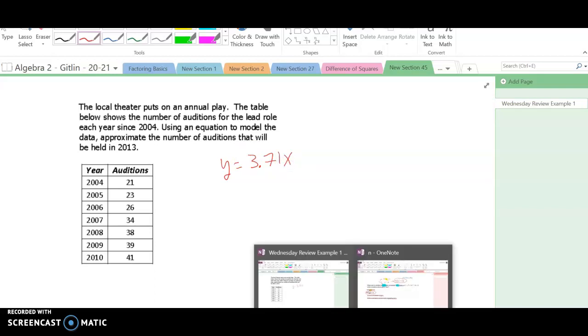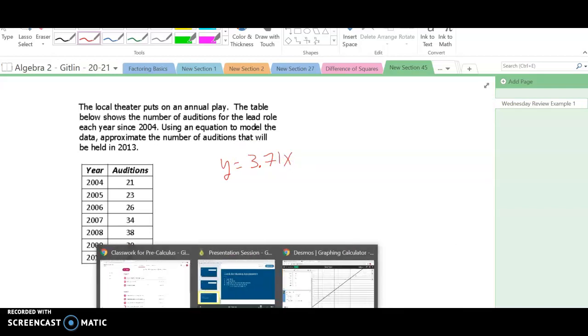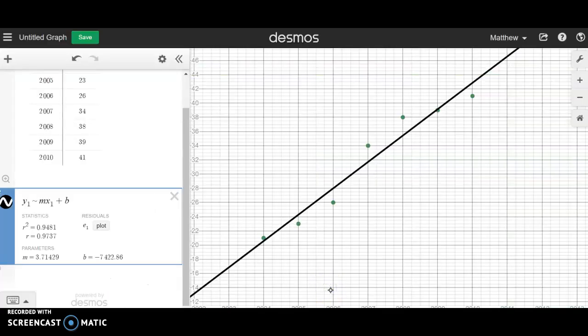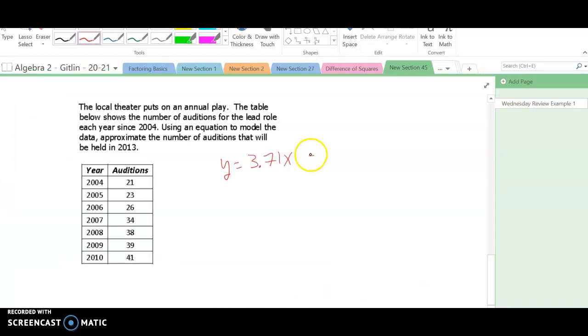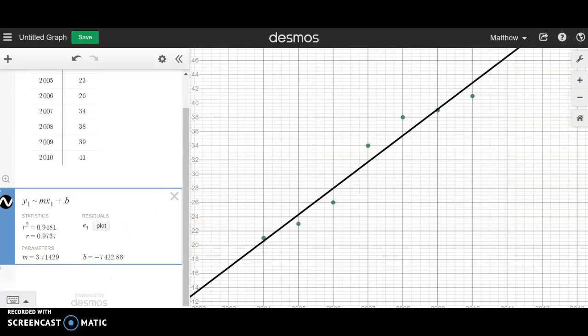And what was our y-intercept? Negative 7,422. Great. So sometimes we'll ask you for the equation of the linear regression. You follow all the same steps, and then you just read the m and b values down here for parameters.